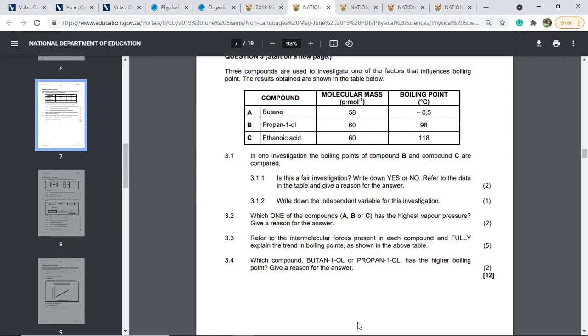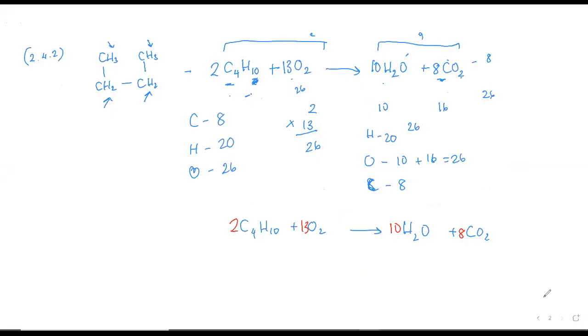So if we write that down, we write the functional group of an alcohol. So we have our butane, we have our propan-1-ol, and we have our ethanoic acid.